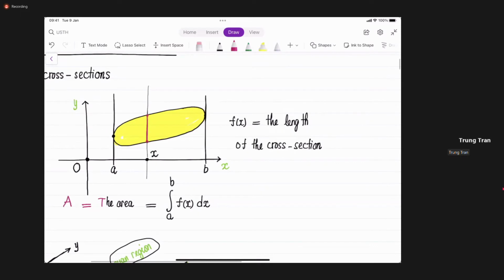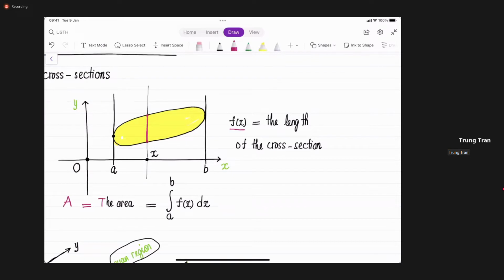Now, in order to compute the area of this region, you need to measure the length of the cross section that we denote by f of x.